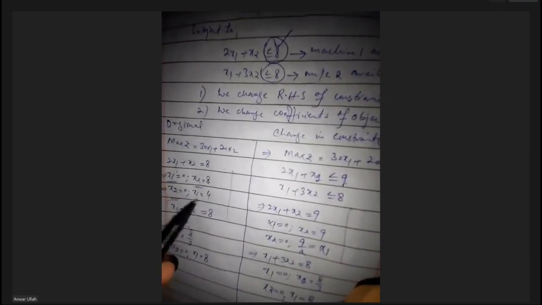So here in the graph, the very first value that we plotted actually was this one. The first constraint says that for x1 is equal to 0, x2 is equal to 8, and for x2 is equal to 0, x1 is equal to 4. So we meet the point 8 with the 4.